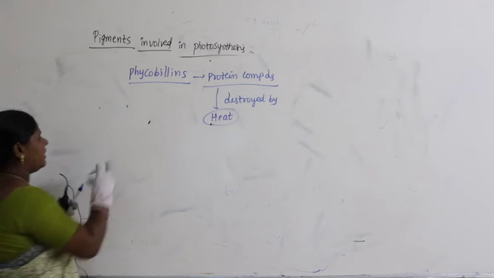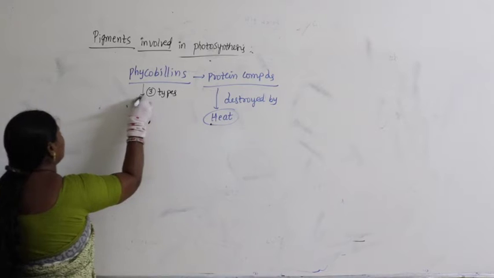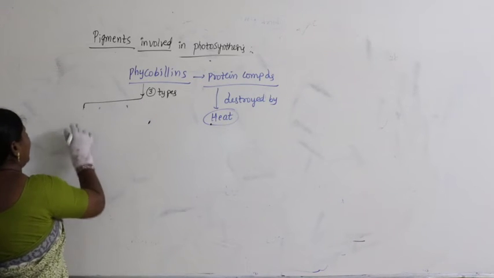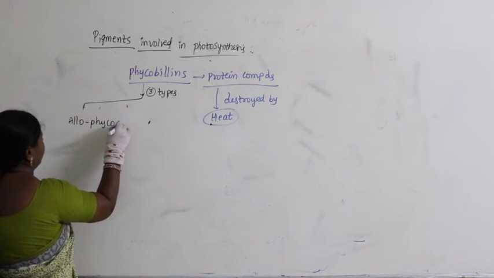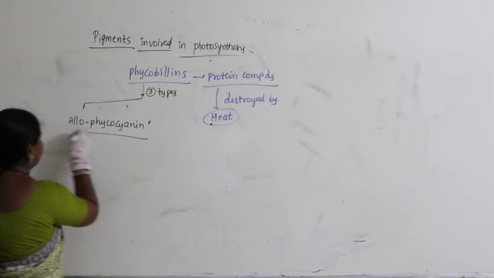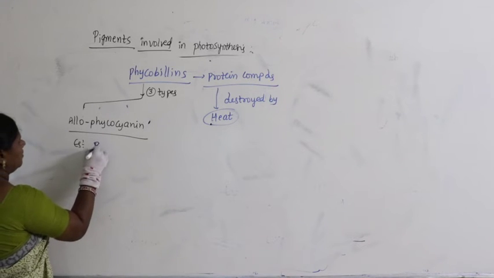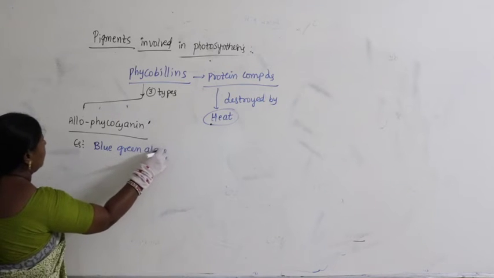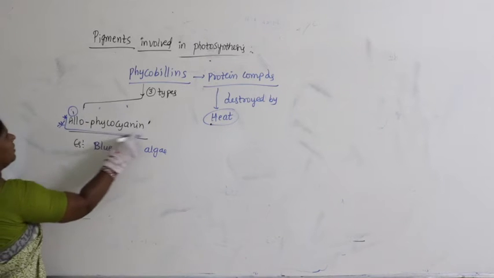These phycobilins are of three types. The first one is allophycocyanin, generally present in blue-green algae. This is the first category.